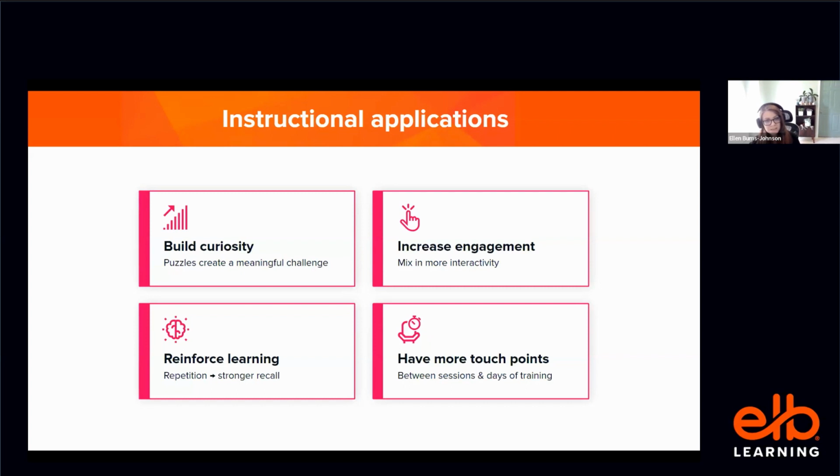But there are a few other things that you can think about when it comes to instructional applications for Noodle. One is, instead of thinking of it as a check, think of it as reinforcement. So instead of just making sure people know it and they can solve it and they know the answers to things, you can send it out at certain periods after training to kind of fight against that forgetting curve.